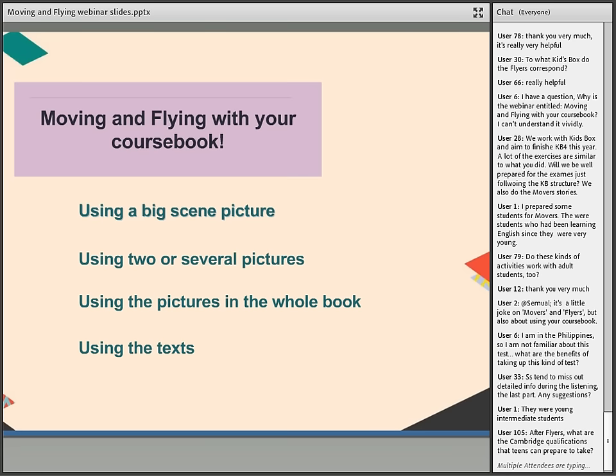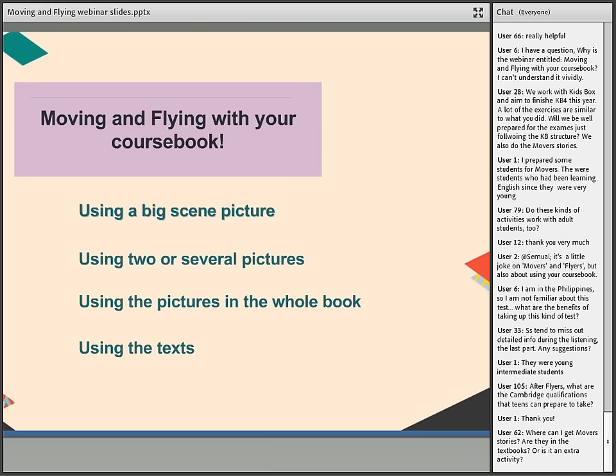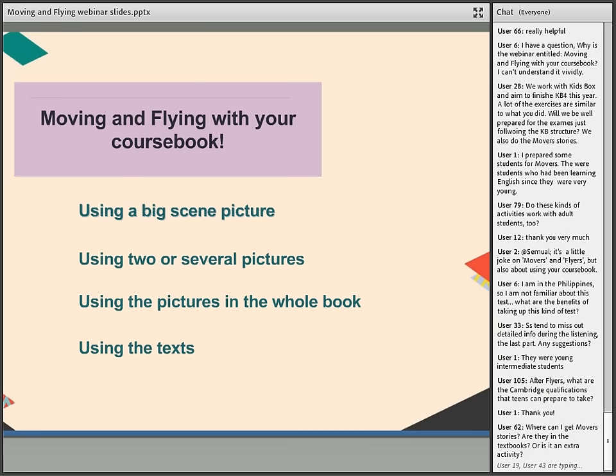Okay, thanks. A question now from Yun Okbuyan, who asks whether there are activity suggestions similar to the ones you've given us in the teachers' books for Kid's Box. I think there are lots of suggestions in Kid's Box for further activities and games and extensions, because it's a very complete teacher's book.